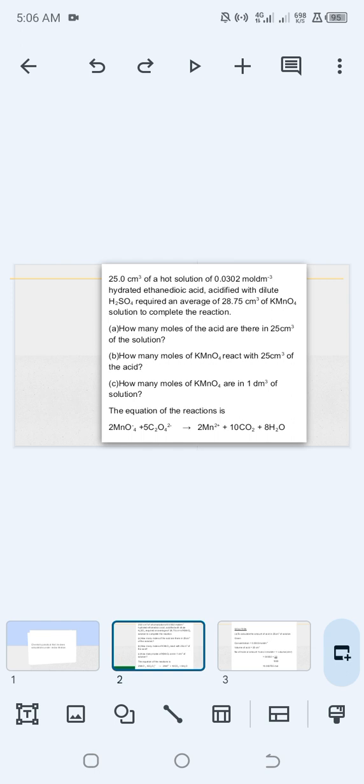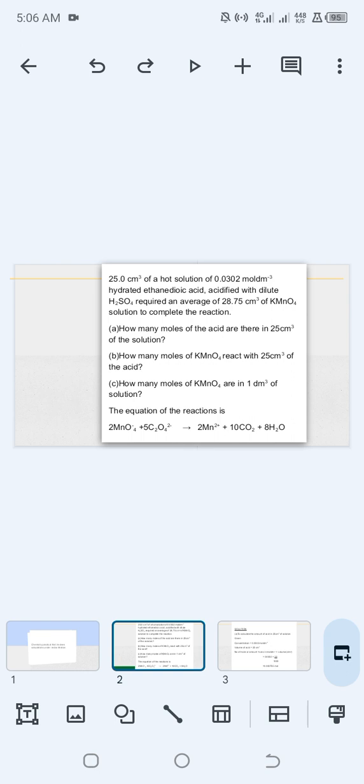And we are given the equation of the reaction, which is 2MnO4⁻ plus 5C2O4²⁻ to give 2Mn²⁺ plus 10CO2 plus 8H2O. This is the equation of the reaction.